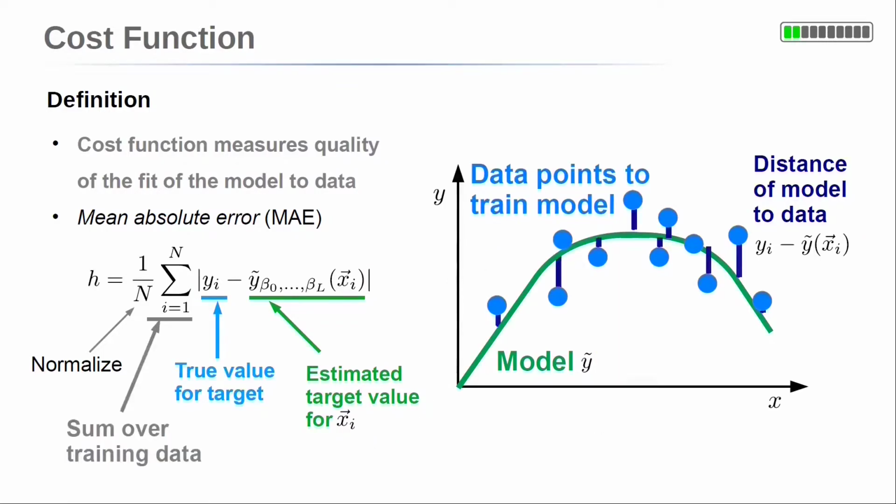The mean absolute error cost function takes all data points for a given data set into account. So a summation over all data points by the index i is performed.